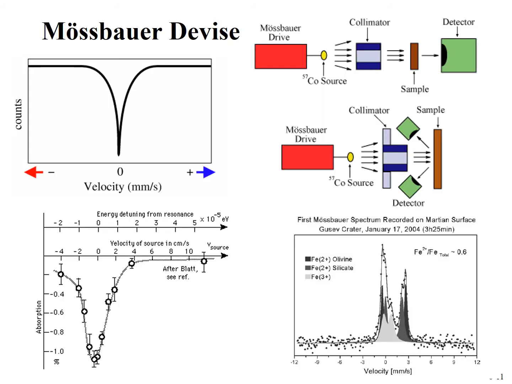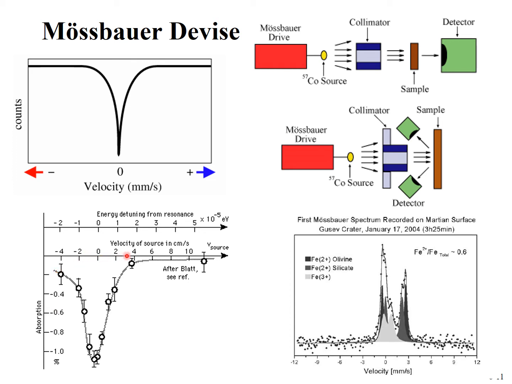An example of this would be: here's a cobalt 57 source, which would go through a collimator, and these photons would strike the sample, and there'd be a detection. This detection would be based upon the vibration of the source or the sample, and we can look at an absorption. I want to point out here that the absorption is on the order of 1%, so a very small amount of photons actually get absorbed.